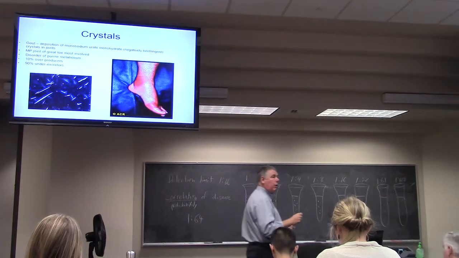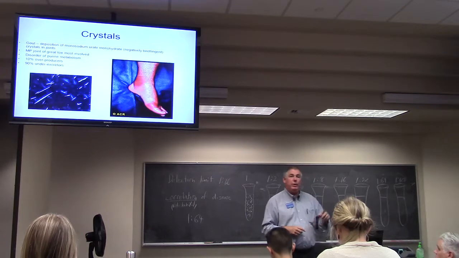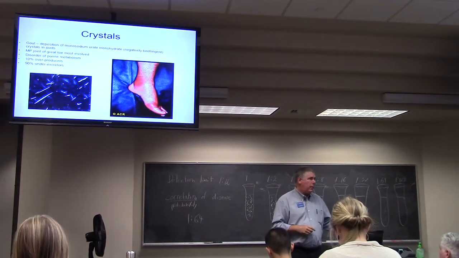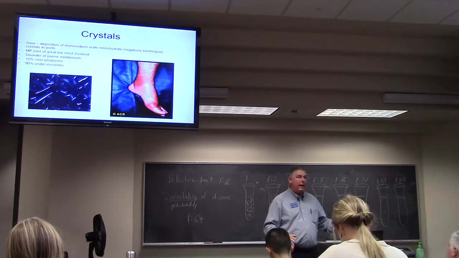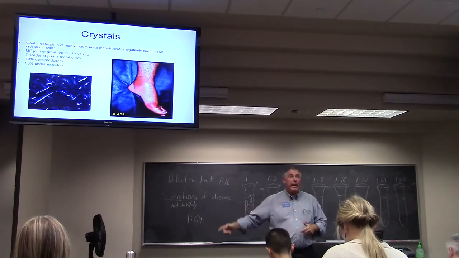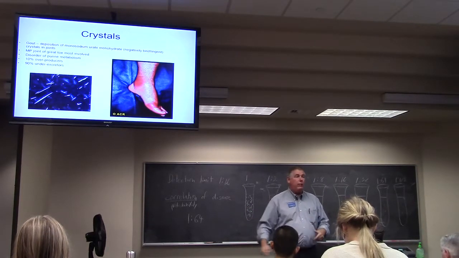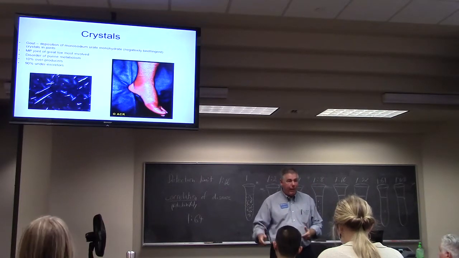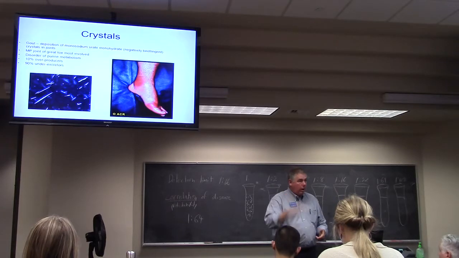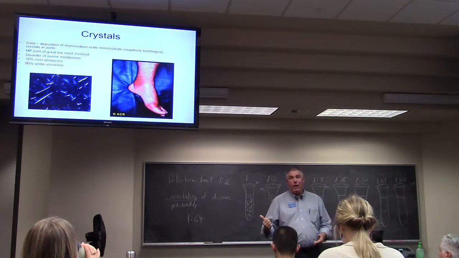So if you're cruising along just fine and all of a sudden you start putting somebody on allopurinol to prevent gout, that's going to lower the uric acid level, and that can actually precipitate gout. That's why you don't put anybody on allopurinol when they're having a gout flare, because it'll lower the uric acid level and make the gout flare worse.